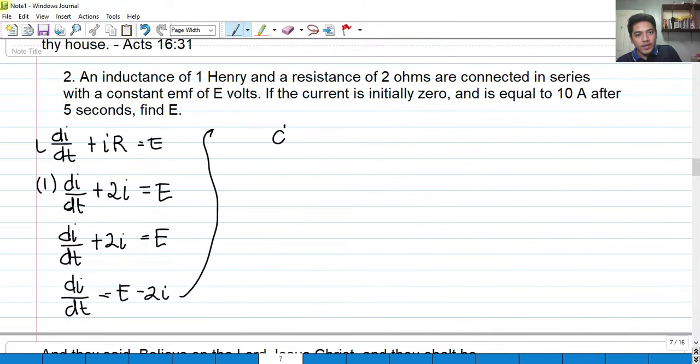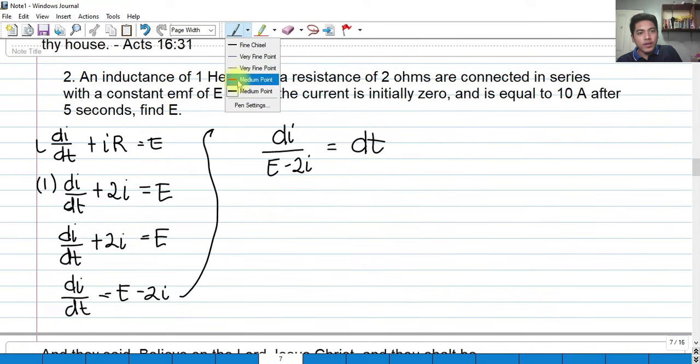So we have di over E minus 2I is equal to, cross multiplying, dt here. And if I'm going to integrate both sides of the equation, we are given certain conditions. We have two conditions here.